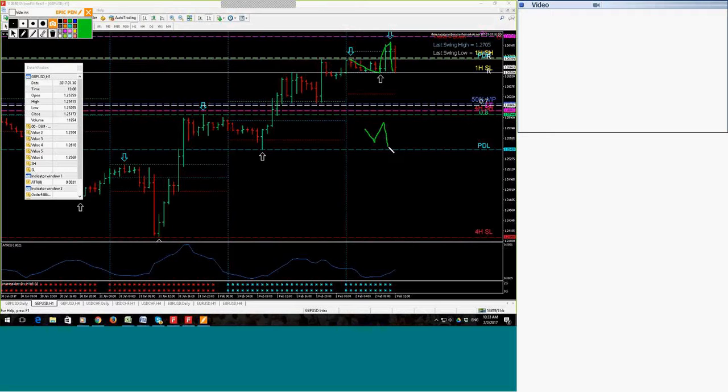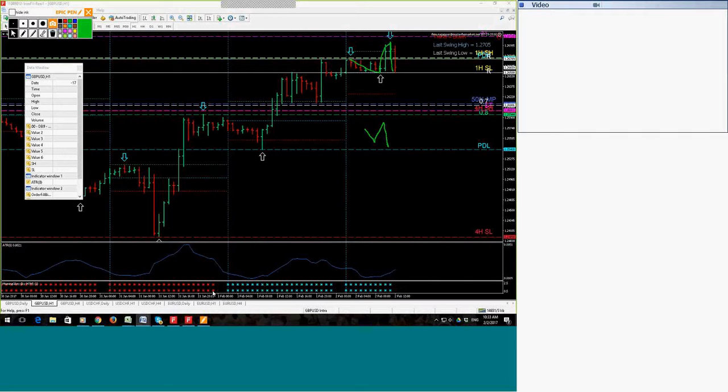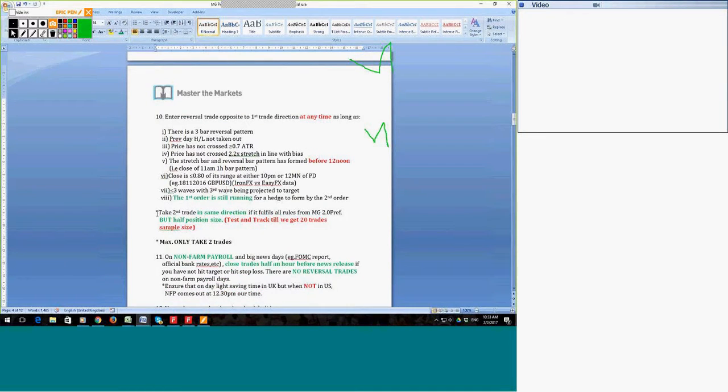For the reverse, we're looking at the 4th wave, and that's the maximum we can give up to. But for the second order, usually we only give it up to the 3rd wave. Okay, to the 3rd wave, if I'm right. Let me check. Yeah, looking at over here, if you can trade the same direction, it's less than or equal to 3, whereas the 3rd wave is being projected to target.